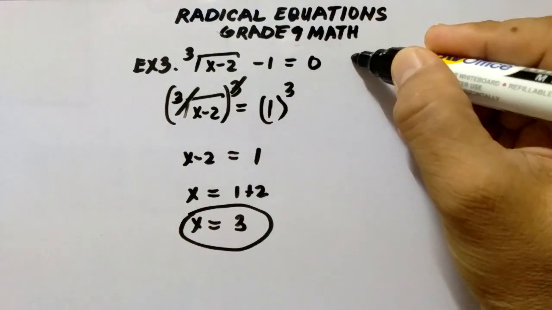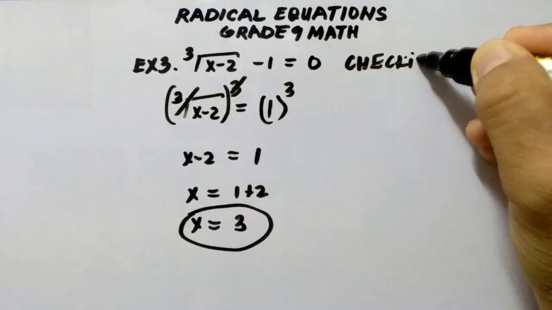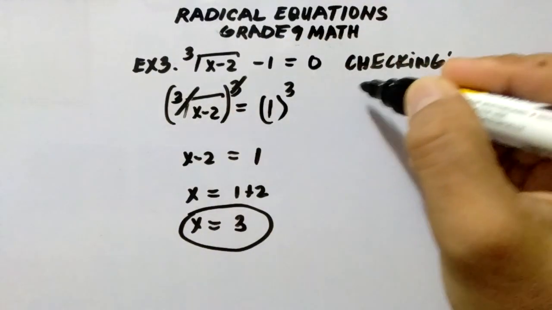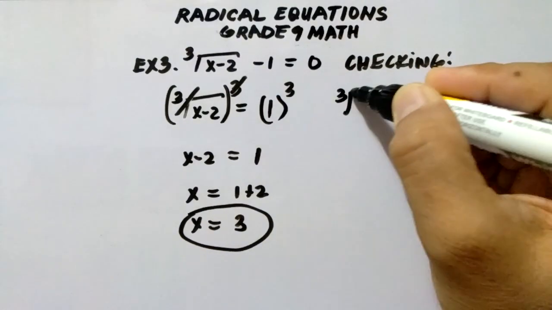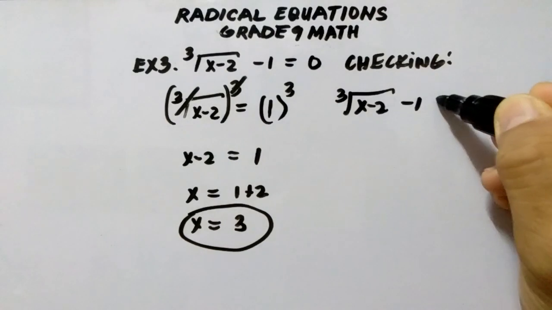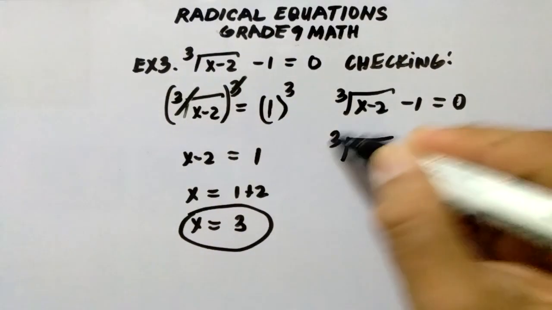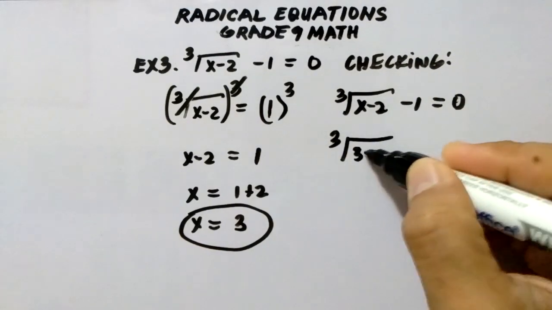Then, check po natin kung tama ang ating nakuhang value ng x. Copy po natin yung original radical equation. So, we have cube root of x minus 2 minus 1 is equal to 0. Then, x is 3. Substitute po natin dito.